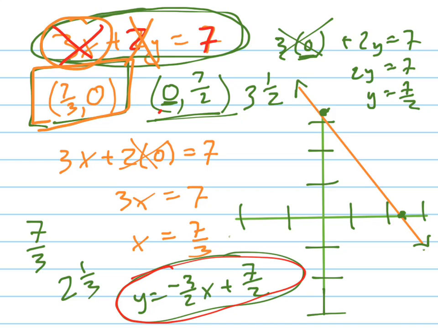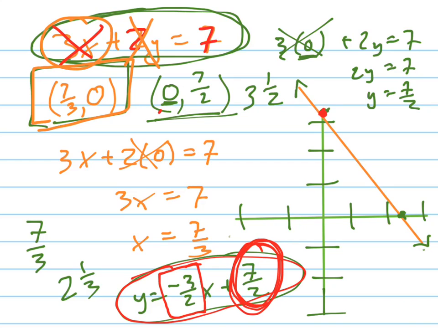Your b value is always going to be your y-intercept. That's why it's called slope-intercept form. So plot that point first, which is right up there, and then find the next point by using this roadmap. This is called the slope, which tells you if I go down 3 and over 2, I'm going to get back to my line.